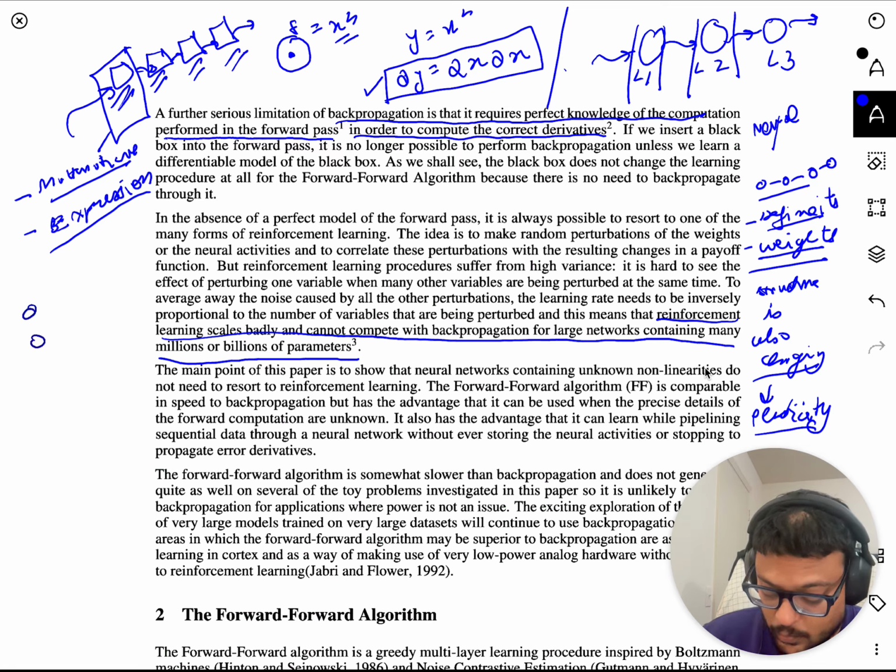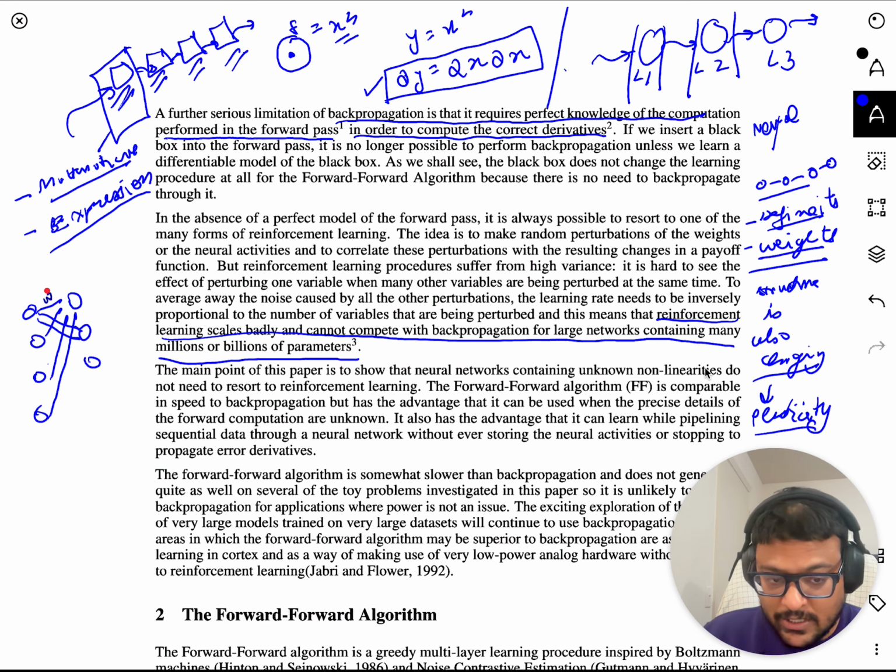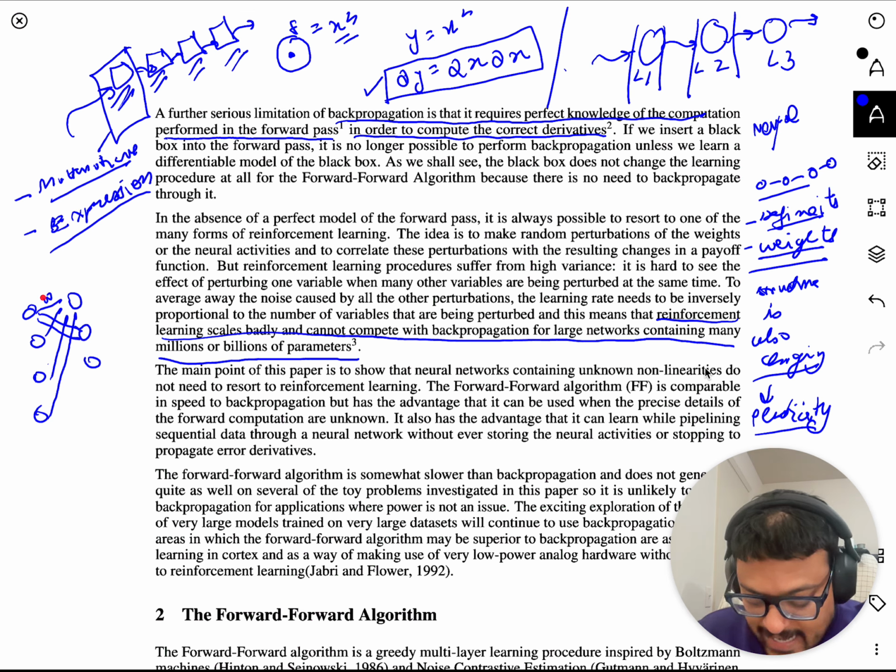Let's say that we have four neurons all connected. We have a list of neurons which are connected, and we want to know how much each weight has to be changed in order to give the final output loss, right? And the problem is that if you change the weight too much, your loss will go up.